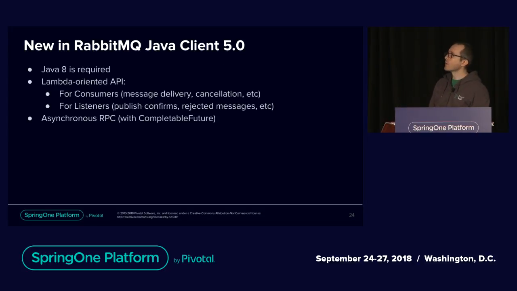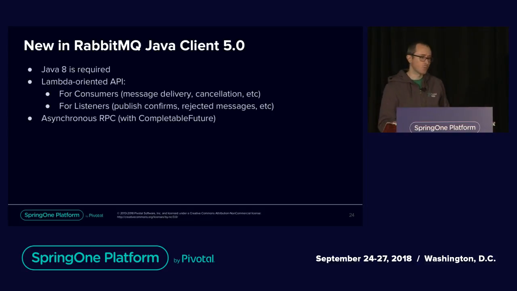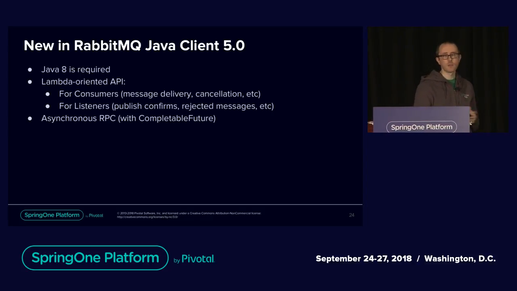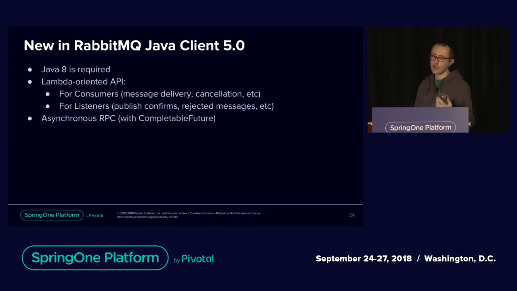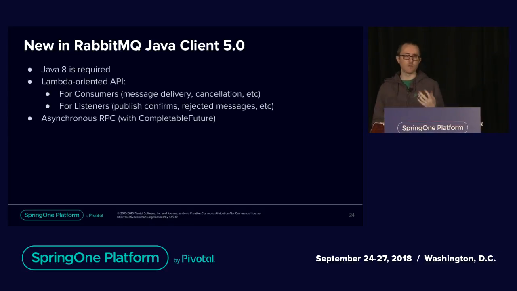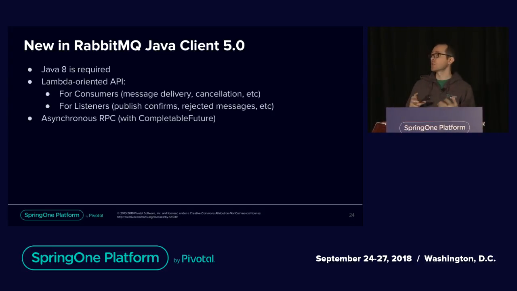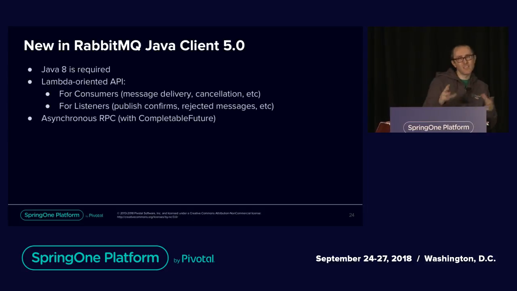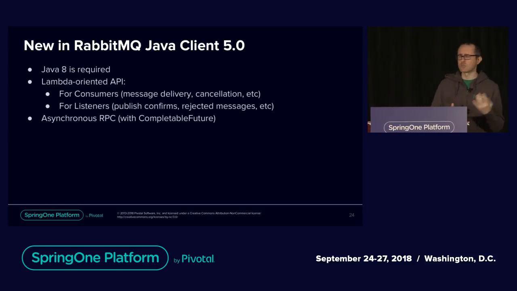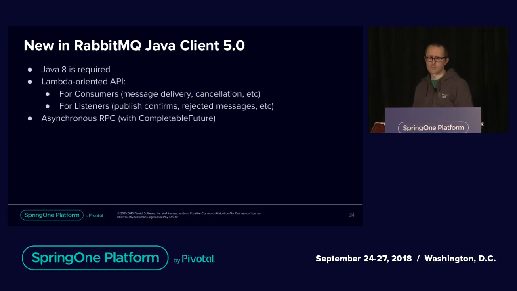In the version 5 branch, we now require Java 8, and we revamped the API a bit to introduce Lambda-oriented APIs, especially for message consumption, to have something more opinionated in some cases. There are 6 or so callbacks regarding consumption.